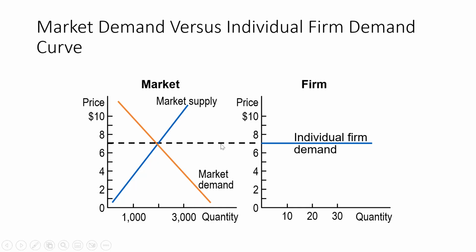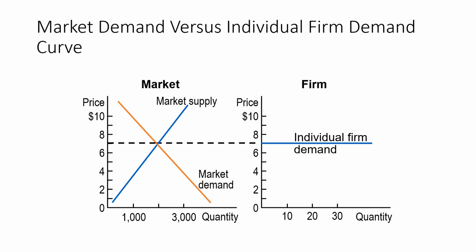As I explained under demand and supply, the summation of the individual supplies is the market supply, and the horizontal summation of the buyers, the demanders, makes the market demand.